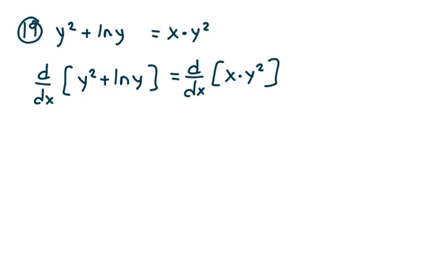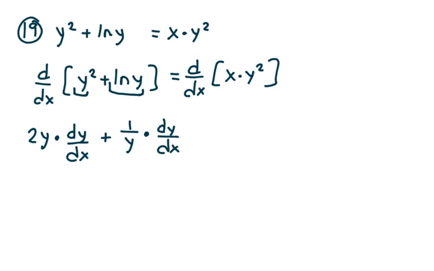So if I look at y squared, the derivative of y squared with respect to x is 2y times dy/dx plus the derivative of natural log of y with respect to x is 1 over y times dy/dx. That's the left side. On the right side, I apply the product rule.